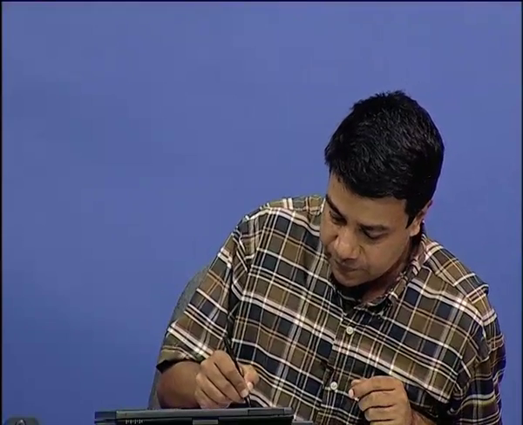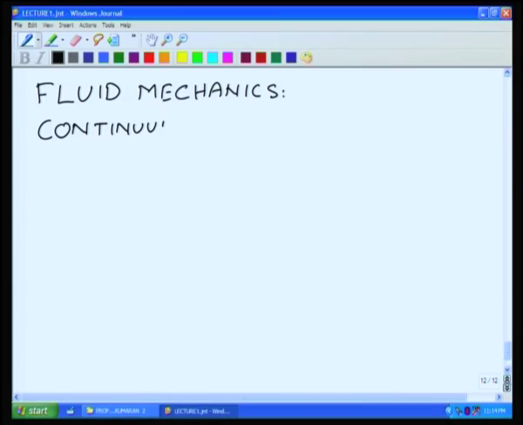The framework is basically what is called the continuum approximation, which I had discussed in the last Fundamentals of Transport Processes course as well.